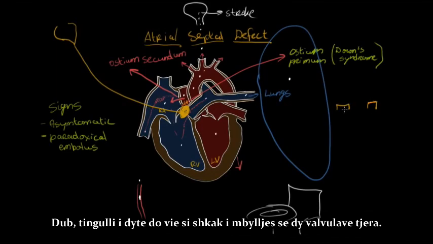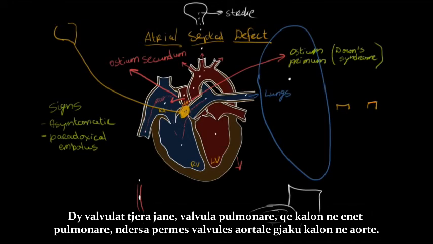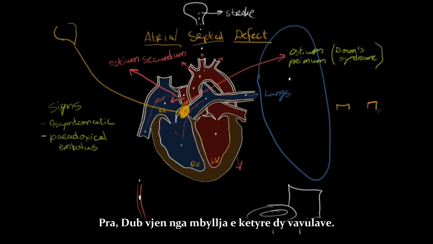The second sound, the dub, is going to be because of the closure of two other valves. The two other valves would be this pulmonary valve here going into the pulmonary vessels, and this aortic valve which the blood goes through to lead into the aorta. So this dub is the closure of these two valves.